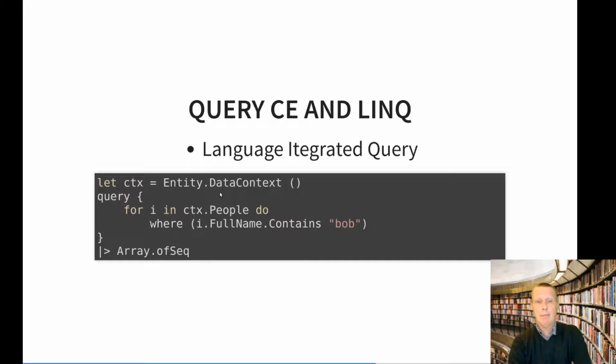and use the database. To do that, we're going to be using a computation expression I haven't really talked about. I think maybe I mentioned it, which is the query computation expression, which is a layer around the underlying LINQ system of .NET and .NET Core.